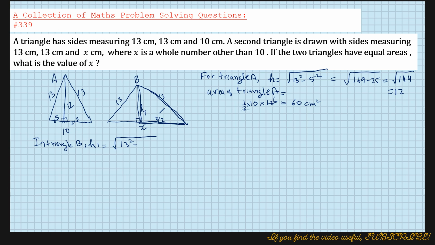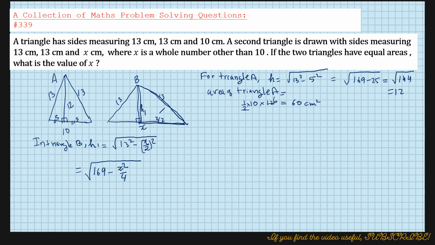I haven't named this triangle, but I thought it's self-explanatory. So for this triangle the height h1 would be the square root of 13 squared minus (x over 2) squared, and that would give you 169 minus x squared over 4. So that is the height of the triangle.